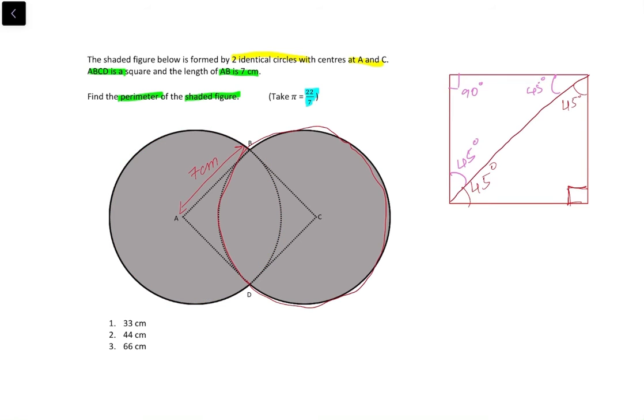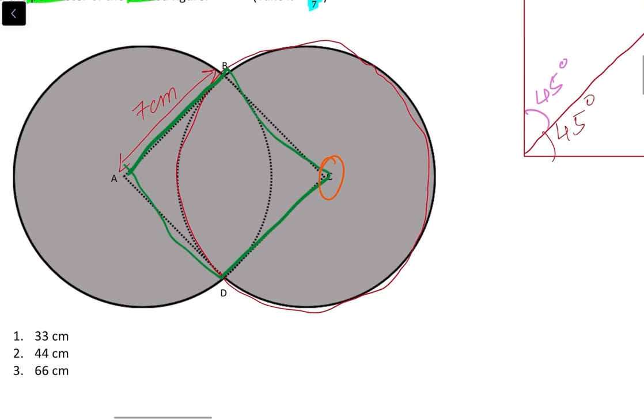Okay, so now if you see, C is the center point of the circle. It's given over here that the center points of the two circles are A and C. So C is the center point of this circle over here, and we have one vertex of square ABCD which is also at point C, right?